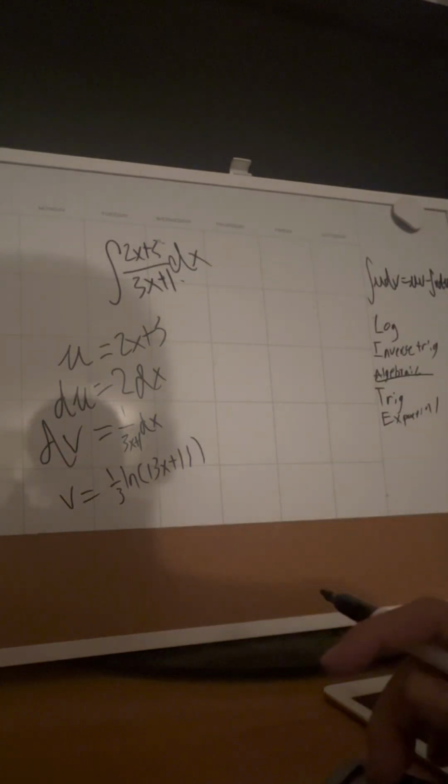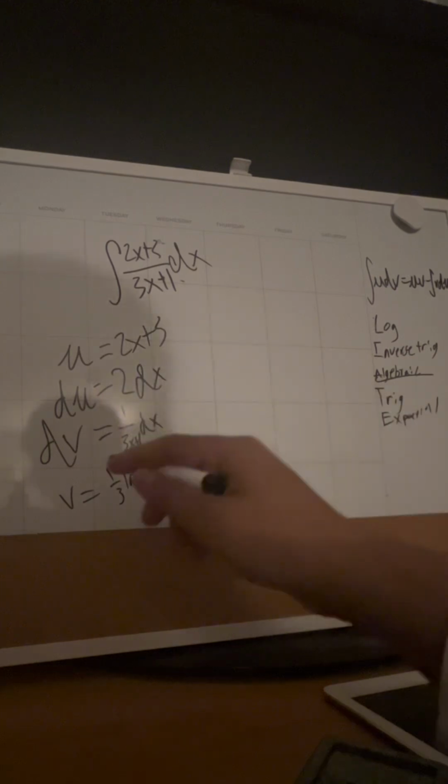Since u is 2x plus 3 and dv is 1 over 3x plus 1 dx, we're just going to write this one right here.